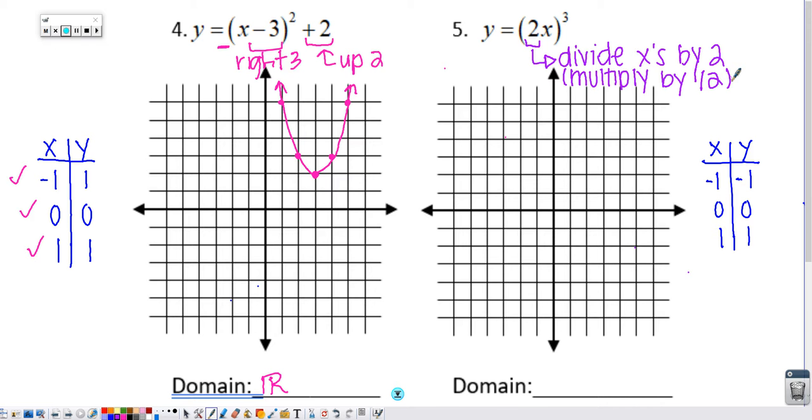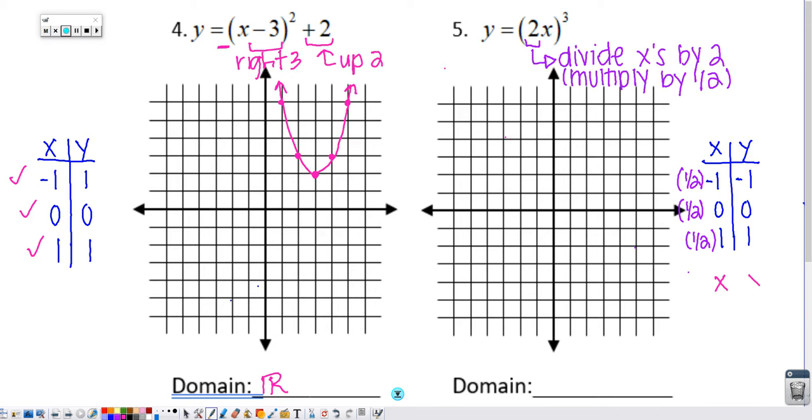Alright, so all I'm going to do is take this table, this blue one, and I'm going to multiply my x's by 1/2. Okay? And then I'm just going to plot the ordered pairs because it doesn't tell me to shift up, down, left, or right. So I'm just going to take this. I could rewrite it, and actually I will for you just in case. So I'll rewrite it.